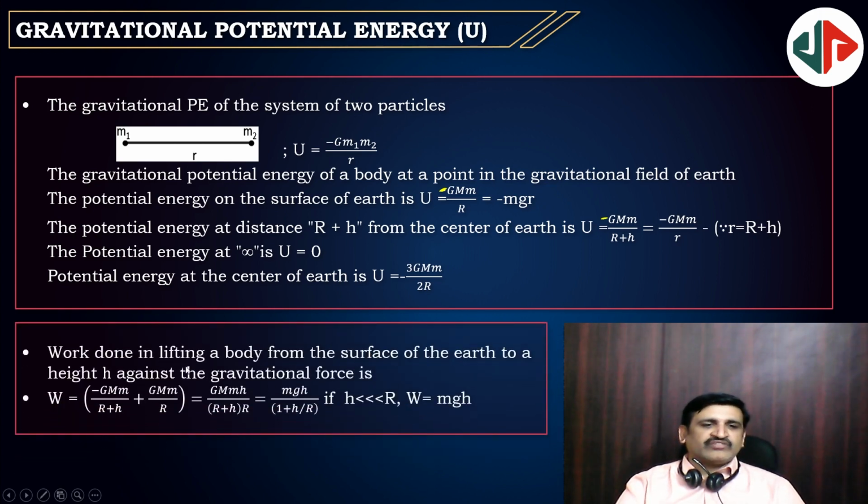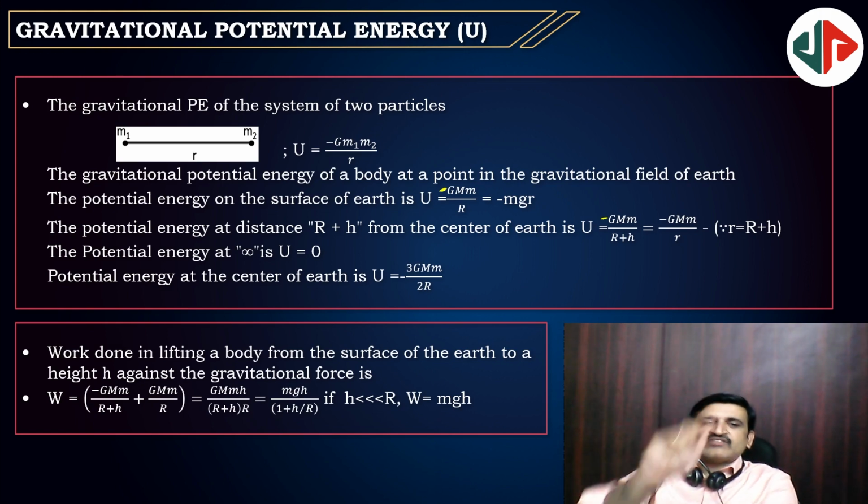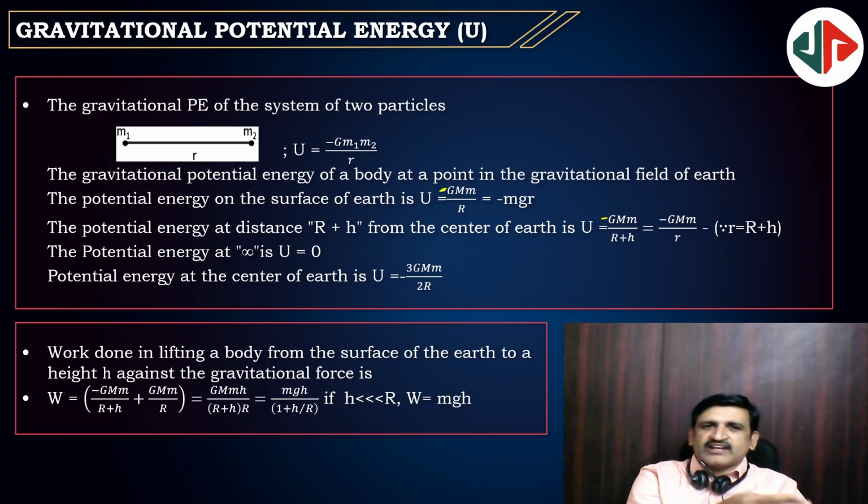Work done in lifting a body from the surface of the earth to a height h against the gravitational force is GMm h by R(R plus h), or mgh by 1 plus h by R. This is what I wanted to say. Suppose a body is raised through a height h, then people usually write the work done as mgh. If h is small, we can write mgh.